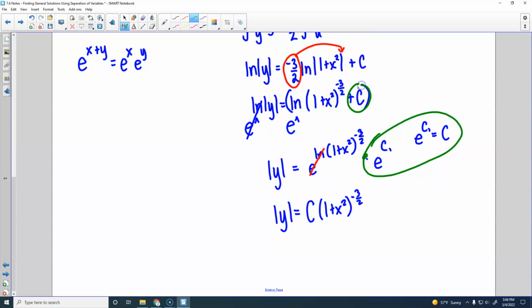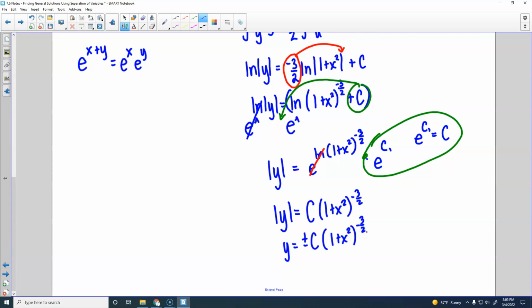You can just automatically pull that out front as a capital C. Okay. So now I do still have absolute value bars here, which means that with absolute value we could write it as a plus or a minus. So we could write it like this, plus or minus c times 1 plus x squared negative 3/2.